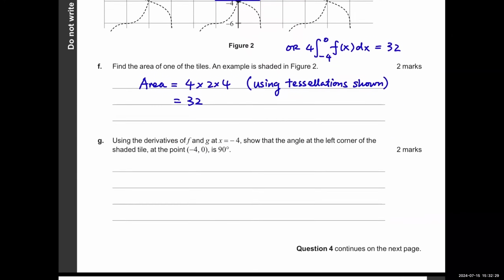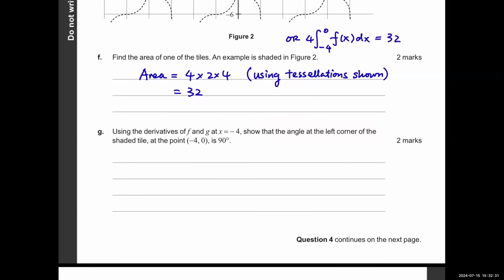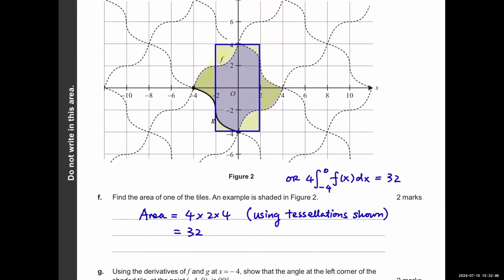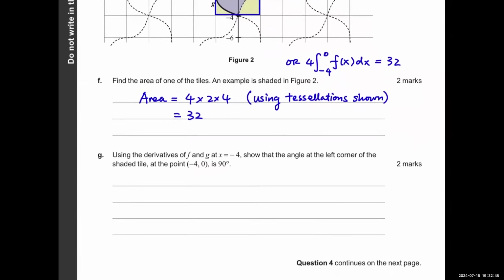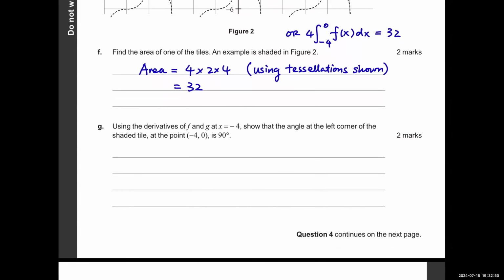All right. Using the derivatives of f and g, well, this sort of phrase repeats again and again. At least this is the third time I see that in this paper too. Show that the angle at the left corner of the shaded tile at the point (-4, 0) is 90 degrees. I think, well, how about this?